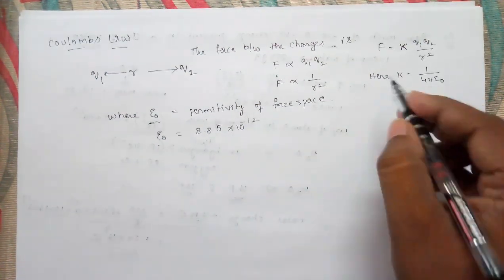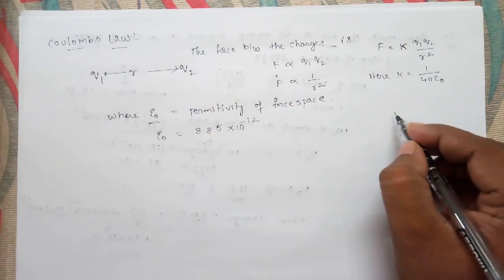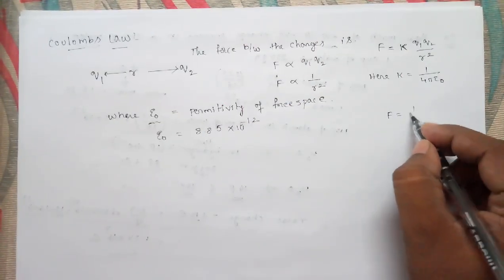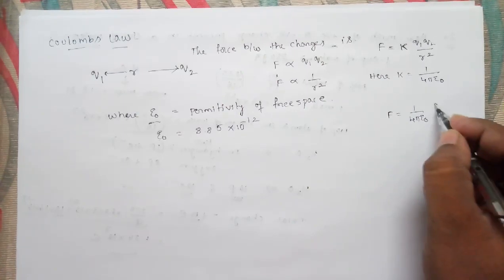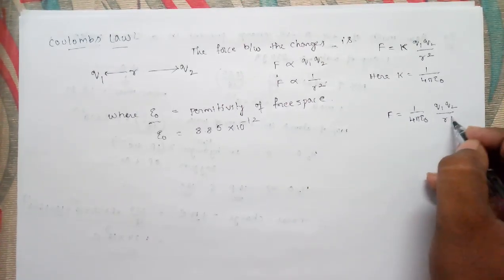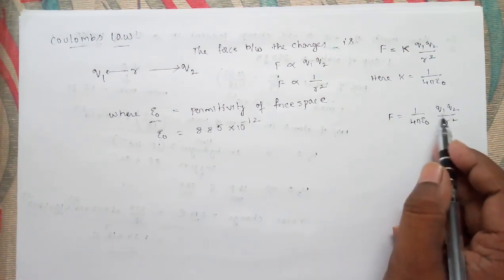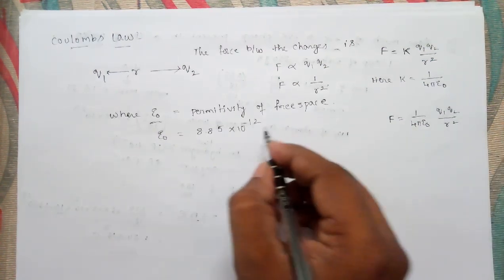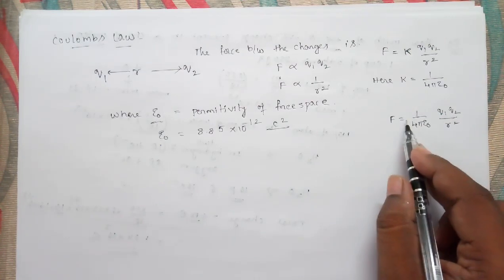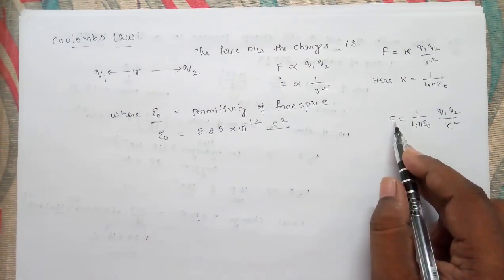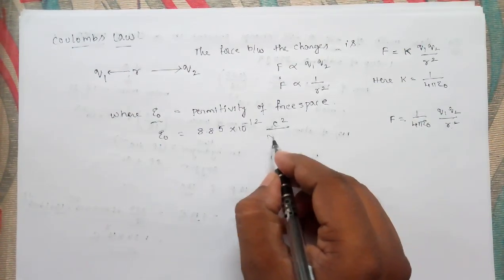So we can understand here Coulomb force F is equal to 1 upon 4 pi epsilon naught q1 q2 by r square. Epsilon naught, if it comes to this side, has units Coulomb square by, since r square means meter square and force comes down, Newton meter square.